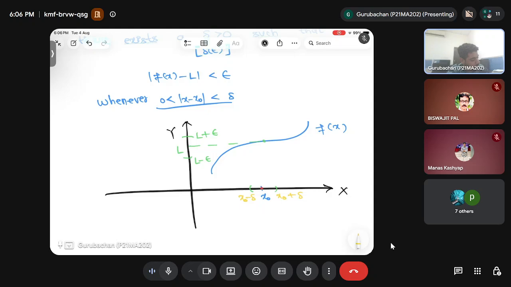Whenever you talk about this neighborhood, your function will stay in this neighborhood.